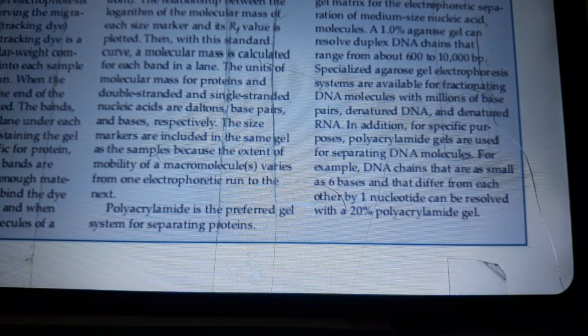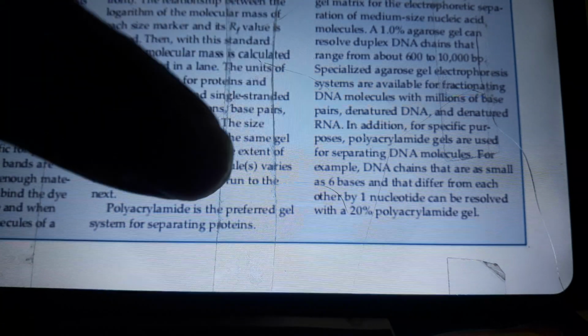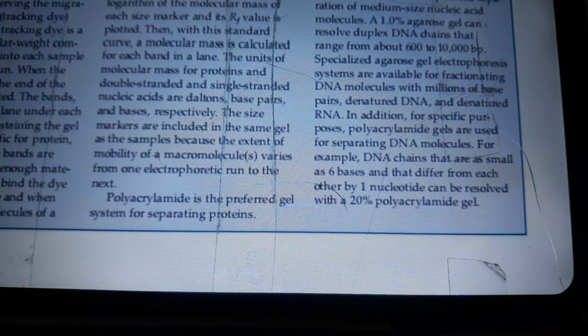Agarose, which is a polysaccharide from seaweed, is used routinely as a gel matrix for the electrophoretic separation of medium-sized nucleic acid molecules. A 1% agarose gel can resolve duplex DNA chains that range from 600 to 10,000 bp, base pairs.